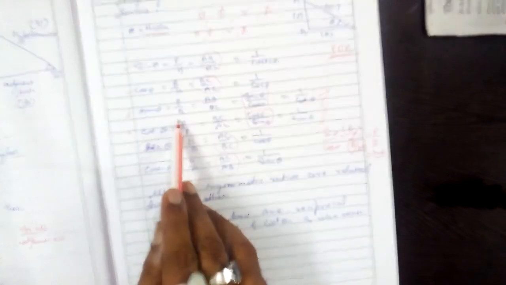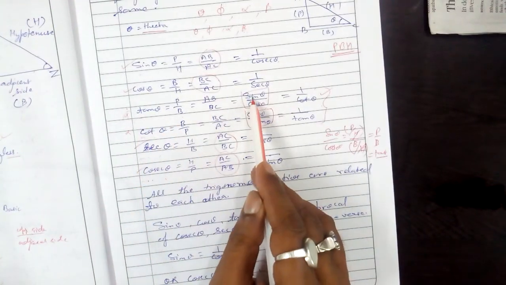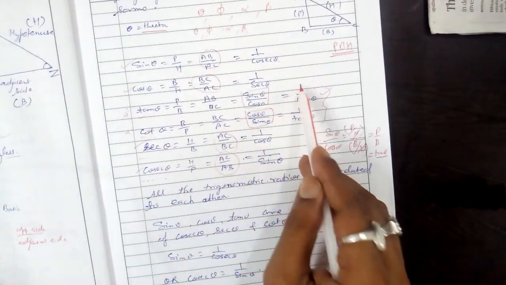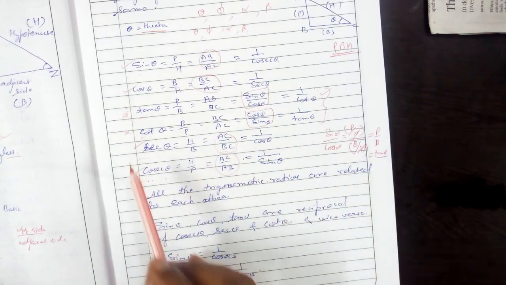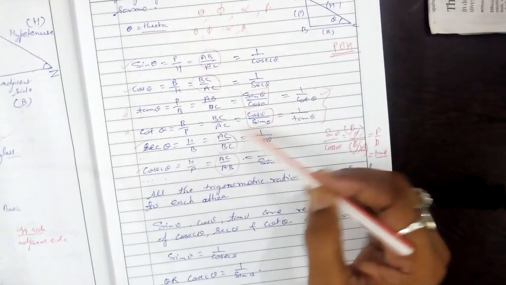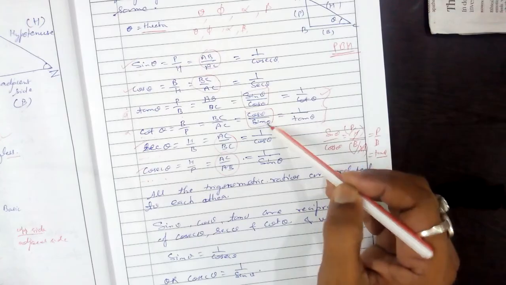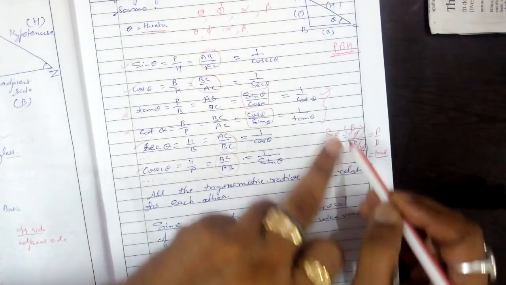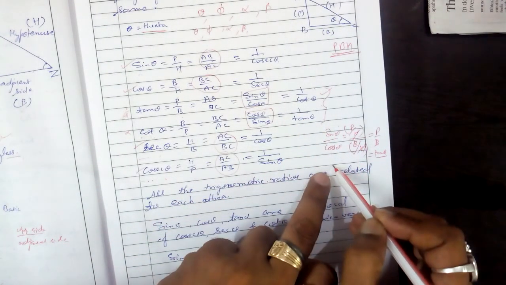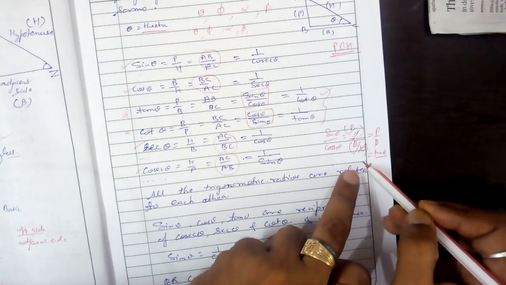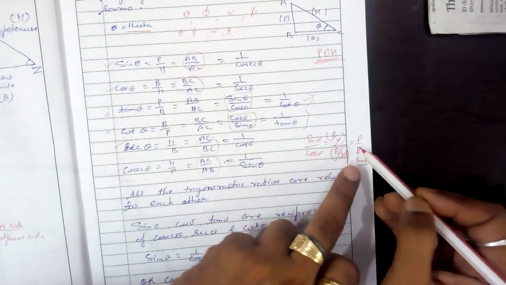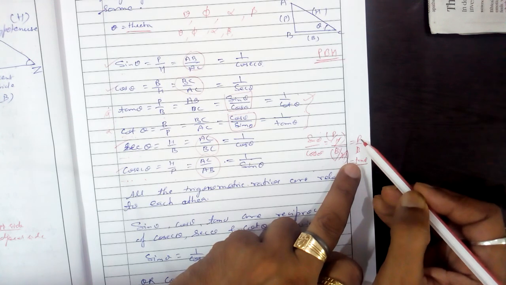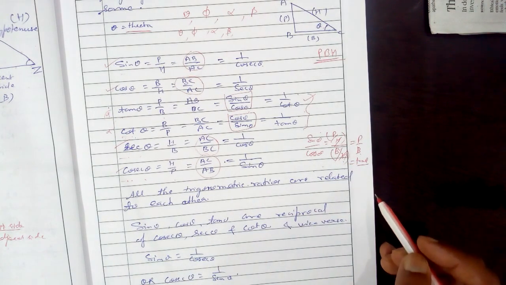Tan is P by B, tan is sin theta upon cos theta, tan is 1 upon cot. Similarly, cot theta is B upon P, and also cos upon sin: like sin upon cos, here cos is the numerator and sin the denominator. B by H over P by H, H cancels, and you get B by P, which is cot theta.